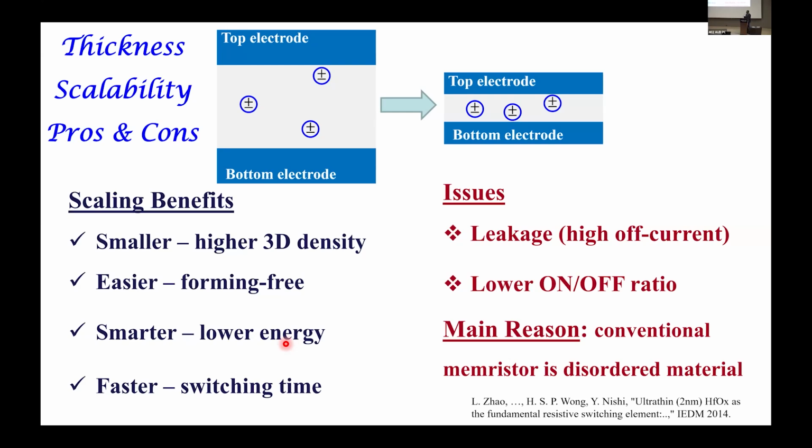And the main reason in the case of metal oxide is because when these materials are made, they are disordered materials, typically amorphous materials, at best nanocrystalline. So when you make them a few nanometers, there's a lot of pinholes, and this then destroys the observation of this phenomena.